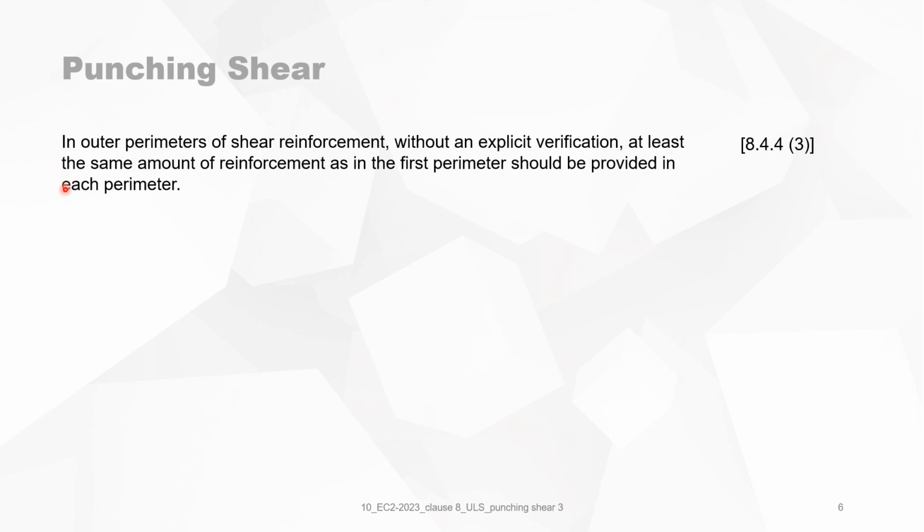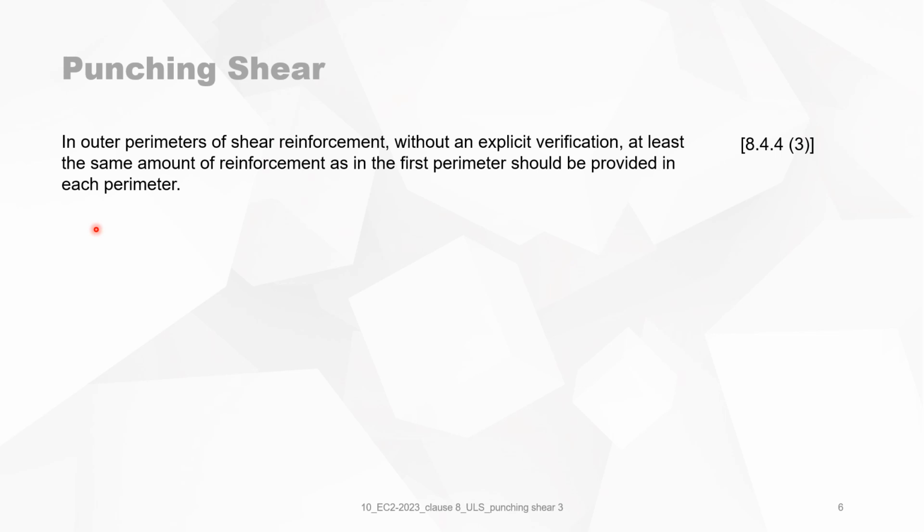This means that in this case, you calculate the needed reinforcement for the control perimeter b 0.5 d v, and you use this reinforcement for all reinforcement perimeters until you reach a zone where you do not need reinforcement anymore.